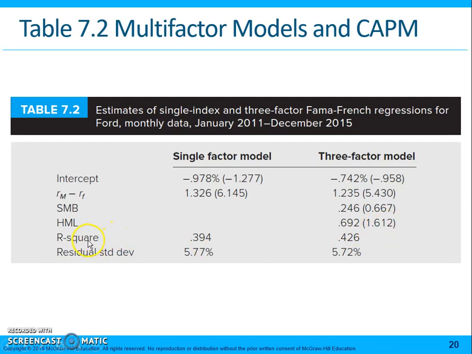R squared, telling us how much these models explain, is slightly higher for the three-factor model. With some securities, it's quite a bit higher. Residual standard deviation also goes down slightly, meaning our error terms are smaller.